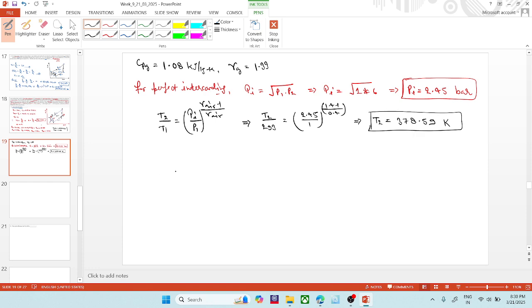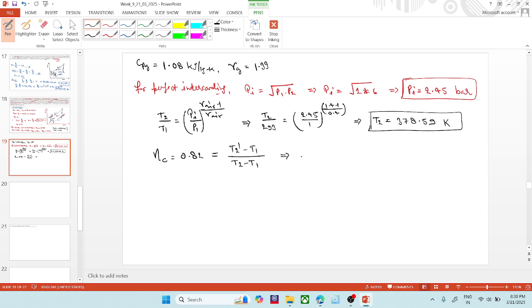Okay. So as the isentropic efficiency for the compression is 0.82, which would essentially be T2 dash minus T1 divided by T2 minus T1.